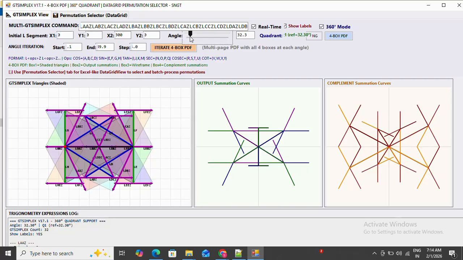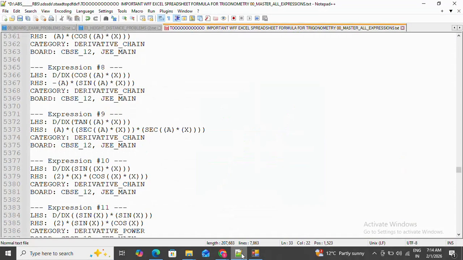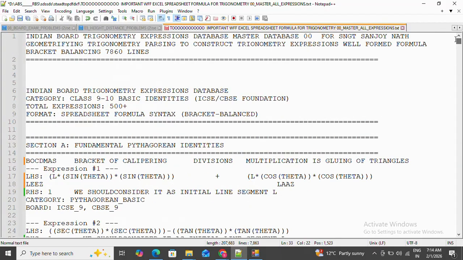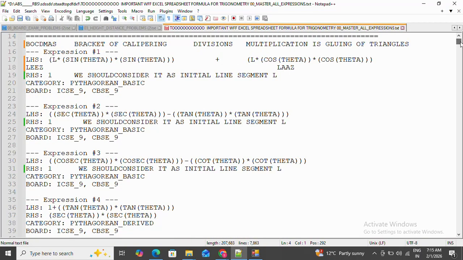To implement Sanjoy Nath's geometrifying trigonometry on all our school days problems, or college days problems, or math olympiad problems, or IIT JEE, or any kind of trigonometry problems, we first have to write these things in the well-formed formula format, that is, like a spreadsheet formula, such that it is a formal language to represent the mathematical expressions.